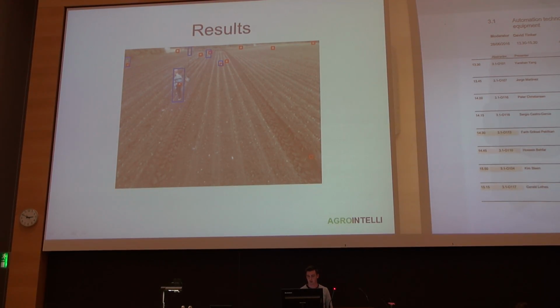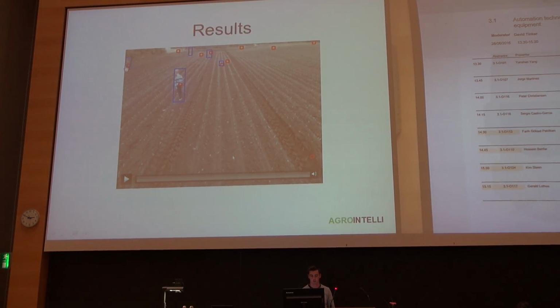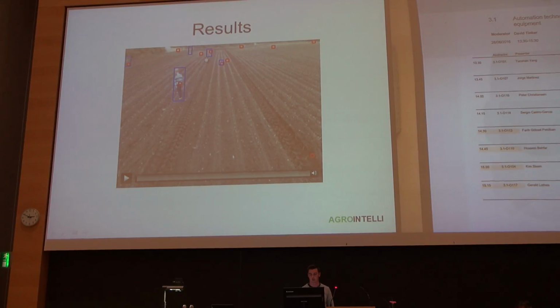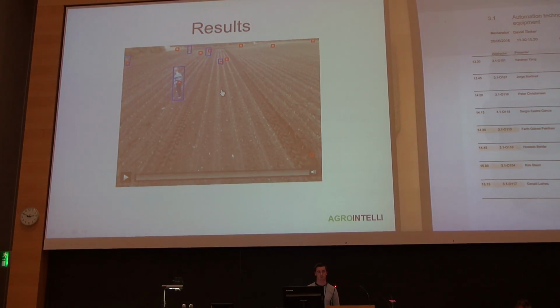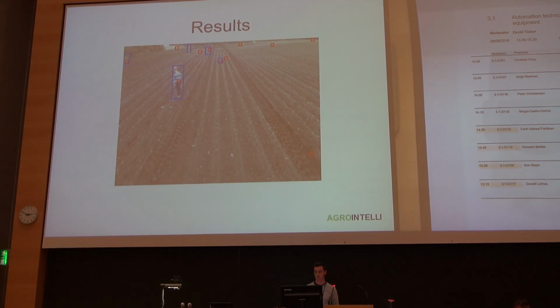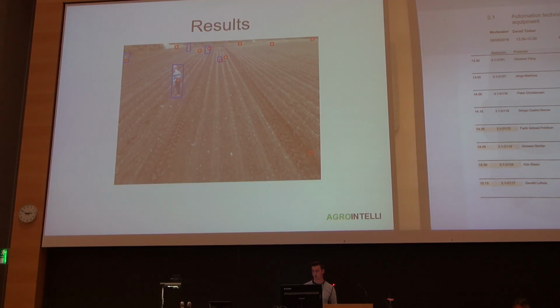As you can see on this first frame of the video, some of them make sense, we have obstacles here, but also some like this or this, it doesn't really make sense that this is an obstacle. But again, it's a very simple model.